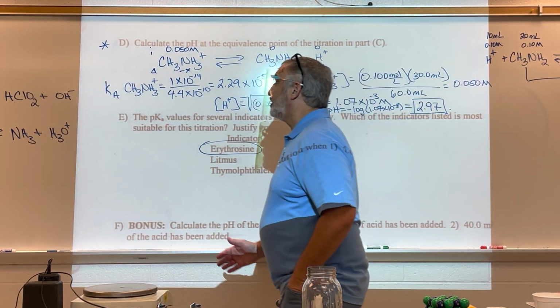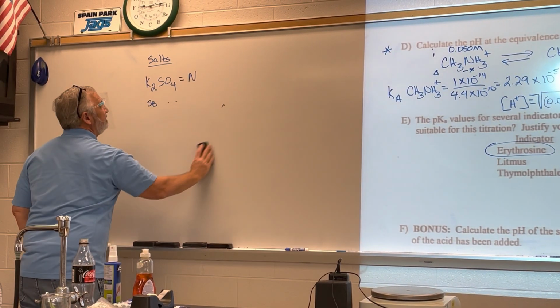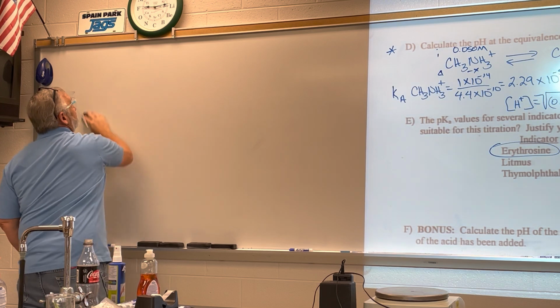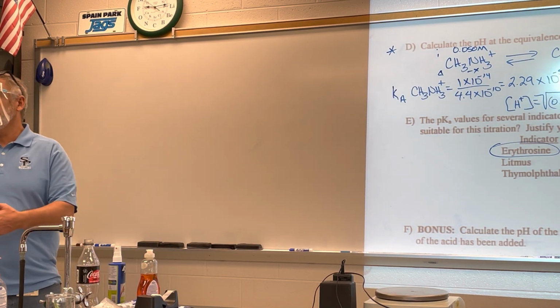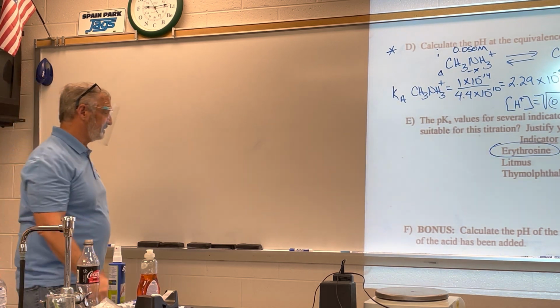First off, let's talk about identifying a buffer. The biggest thing is just calculating the pH of a mixture of a weak acid and its salt, or a weak base and its salt, which you just use your Kb expression, but we'll do one in a second.